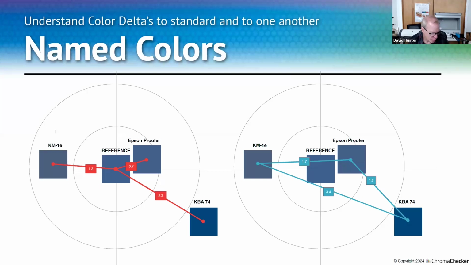And if you guys visited us at the Printing United show, you saw these swatch books, and I'm going to talk more about these later. But ChromaChecker now has the ability to build swatch books. And in these swatch books, we document what the delta E is of the color to the reference. So people were sometimes taking a look at these and saying, hey, this one says 0.4 to the reference.